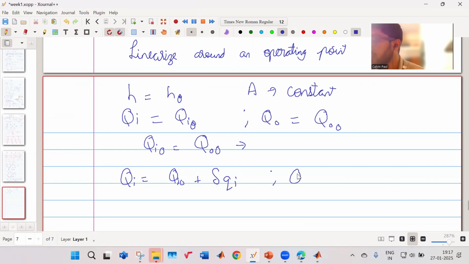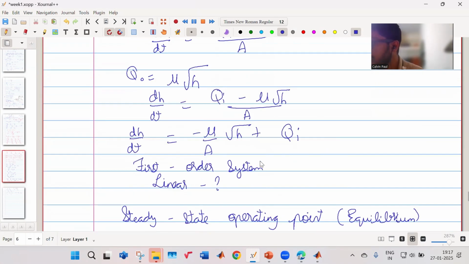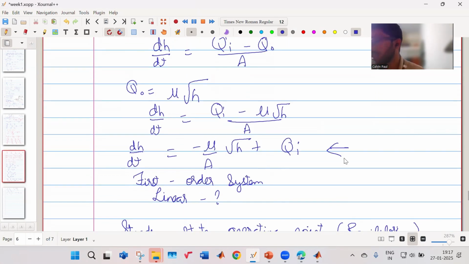Your q out, you're writing as q out 0, that is your steady state value, plus delta q out. Your height, you're writing as h steady state value plus some delta h. And that you will substitute into this equation.